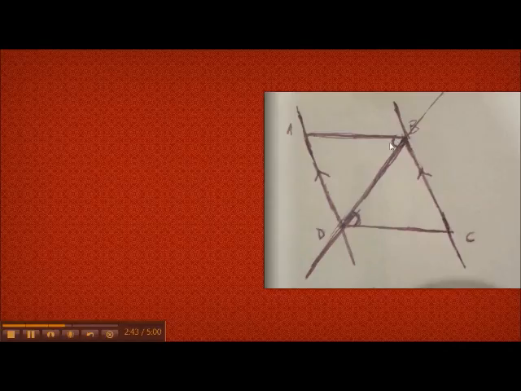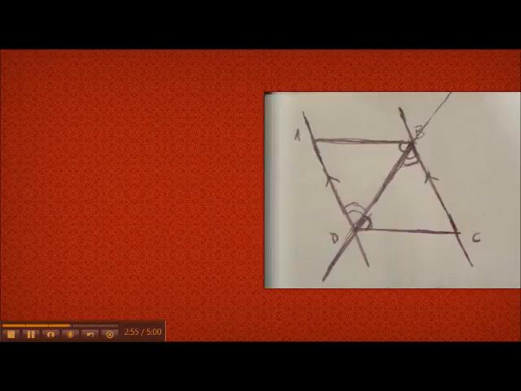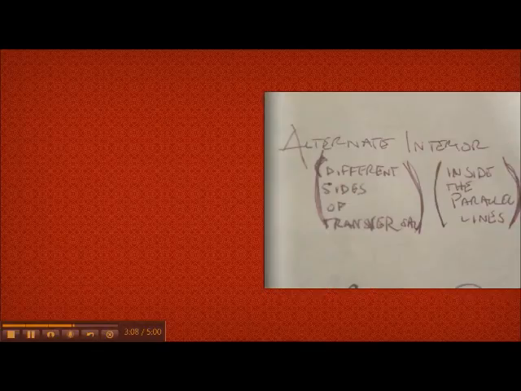Now remember, angle DBA here and angle BDC have to be congruent, as we know, because alternate interior angles have to be congruent. And then the same has to go for these other two, because they're opposites and on the inside of the parallel lines. They also have to be congruent, because alternate interior angles are congruent when you take two parallel lines and cut them by a transversal.